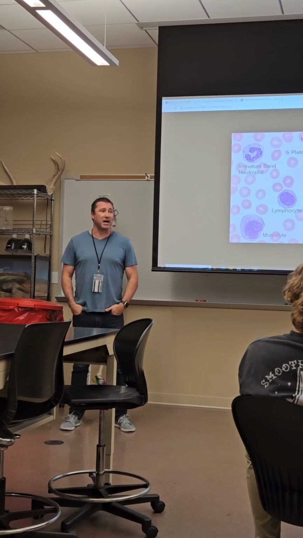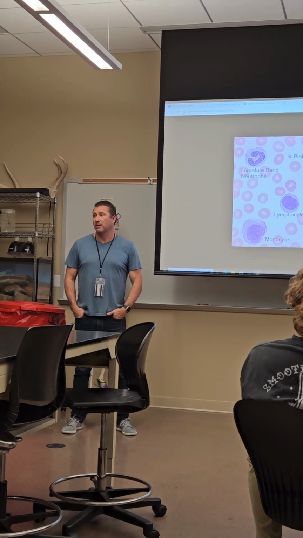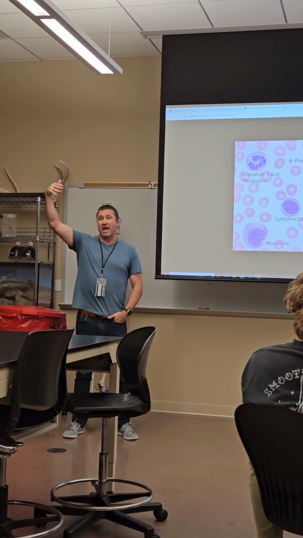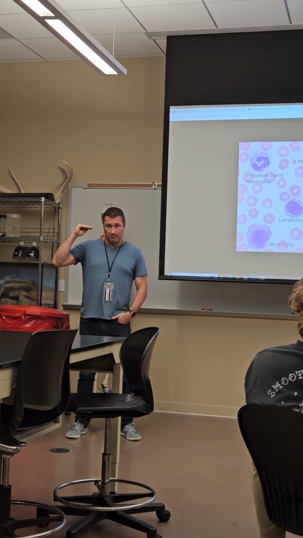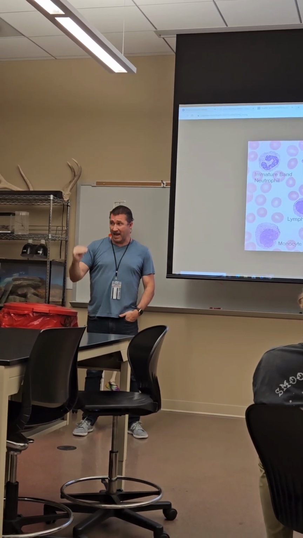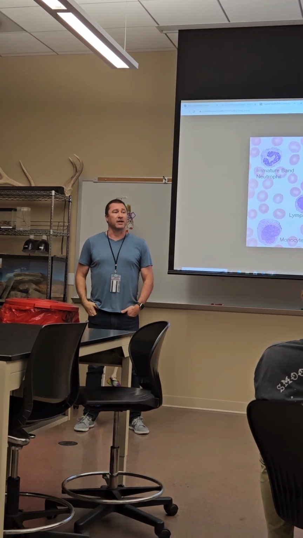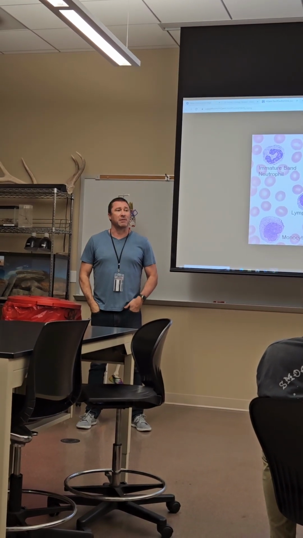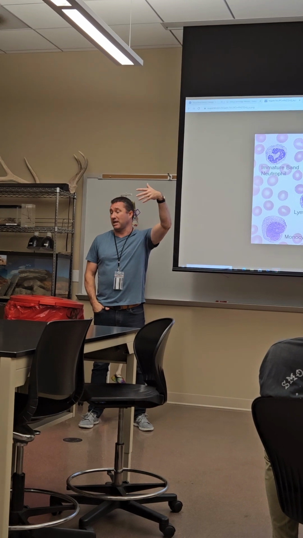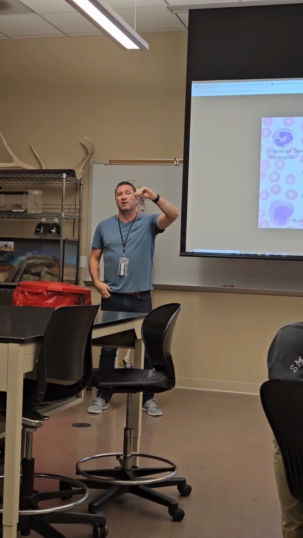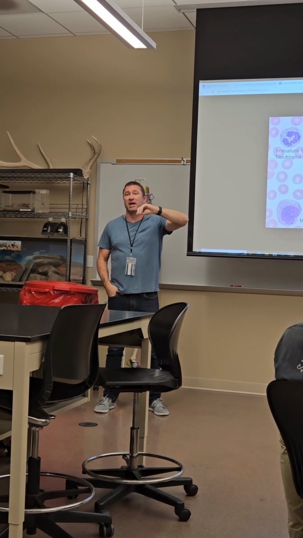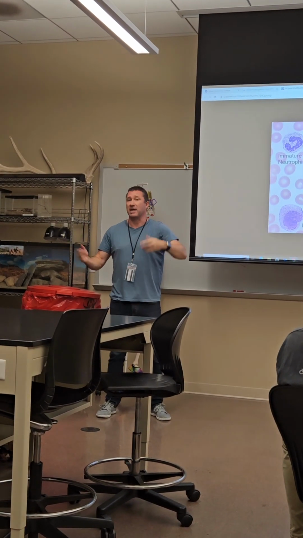So type A blood's got A antigen, B antibody. B blood has got B antigen and A antibody, right? So I could ask you which blood type has B antigen, that would be B. If I said which blood type's got A antibody, that would also be B, right?